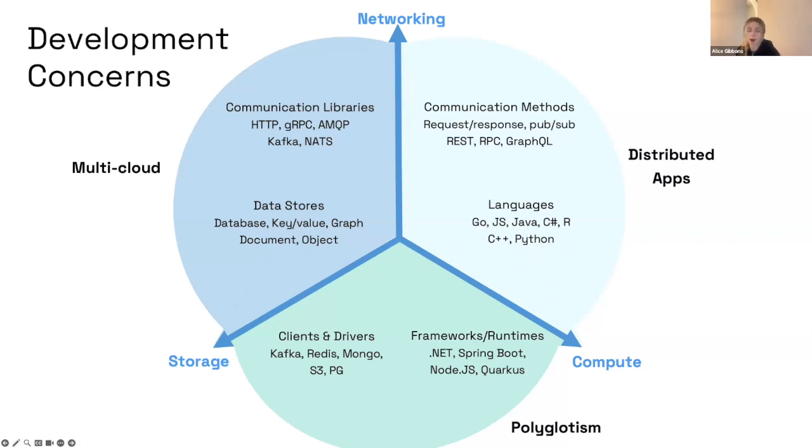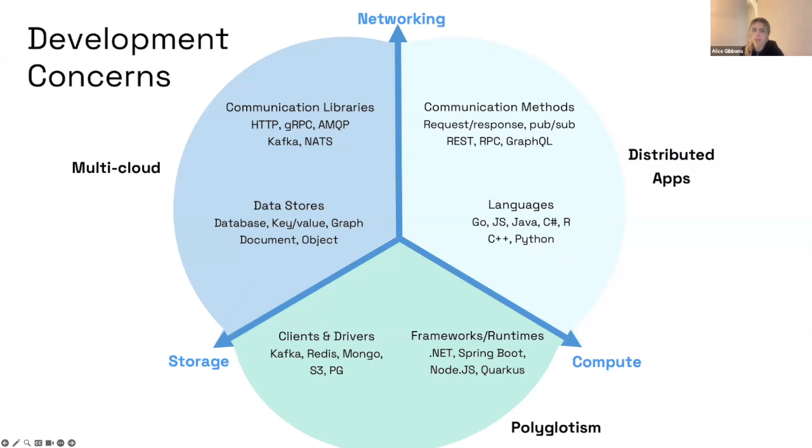For instance, you have different languages that are good for a variety of different things, different communication protocols and libraries, HTTP, gRPC, AMQP, from a networking perspective that would be good for different use cases within your apps. And then, on the data or the storage side, you also have different data stores that also are good for different use cases and patterns.